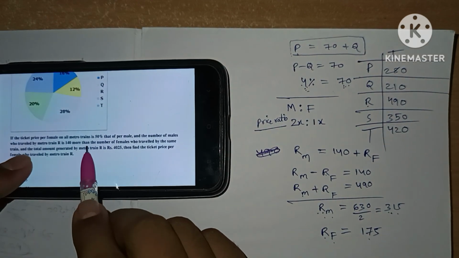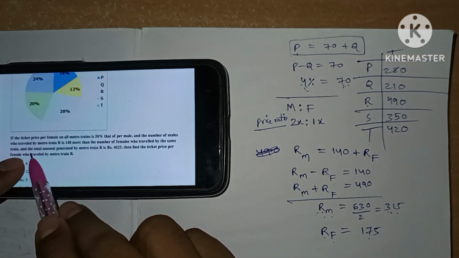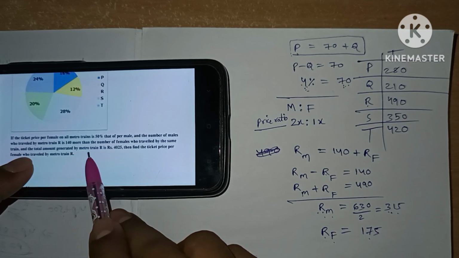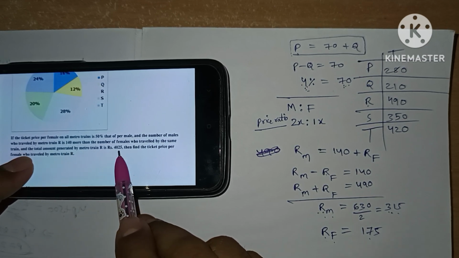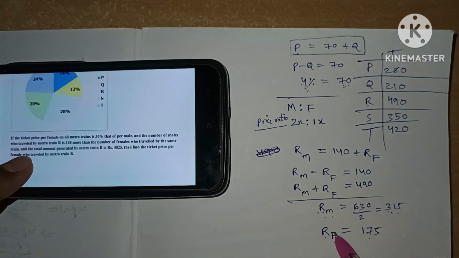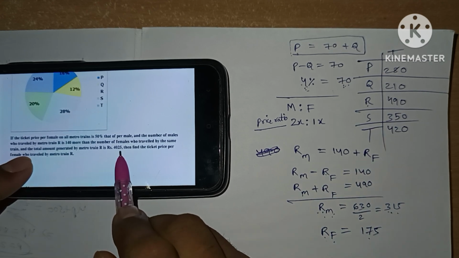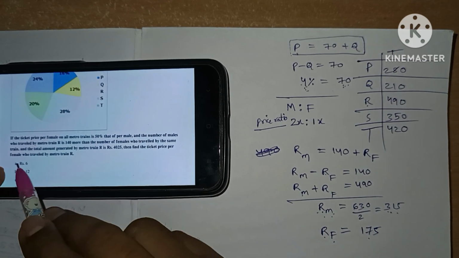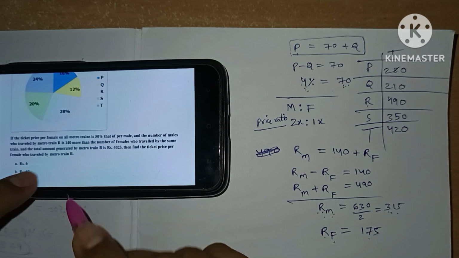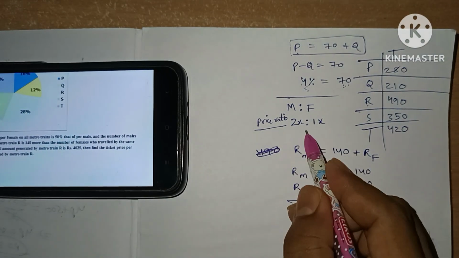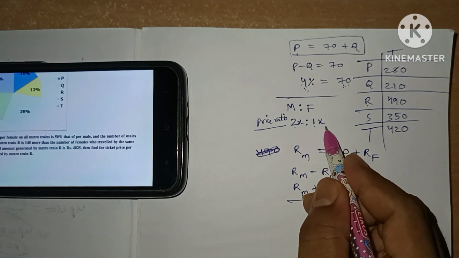Okay, here the question asked is that the total amount generated by metro train R is 4025. Total price they received from R with males and females totally is 4025. Then find the ticket price per female who traveled by metro train R. Here we have price ratio 2x is to 1x.